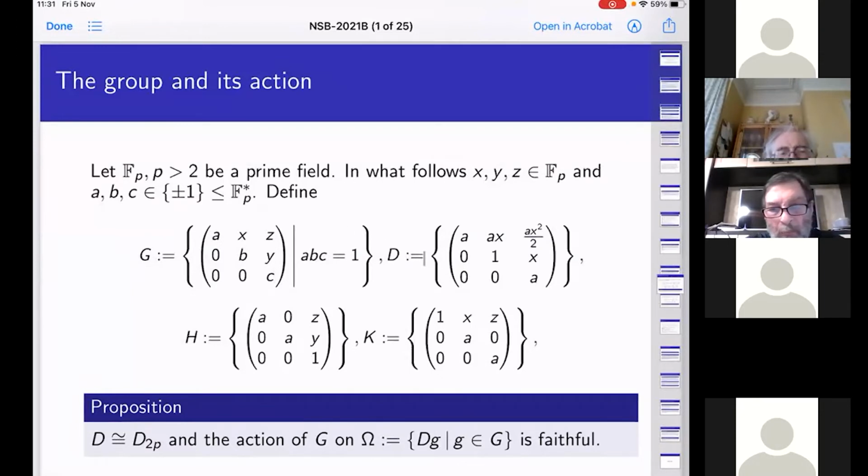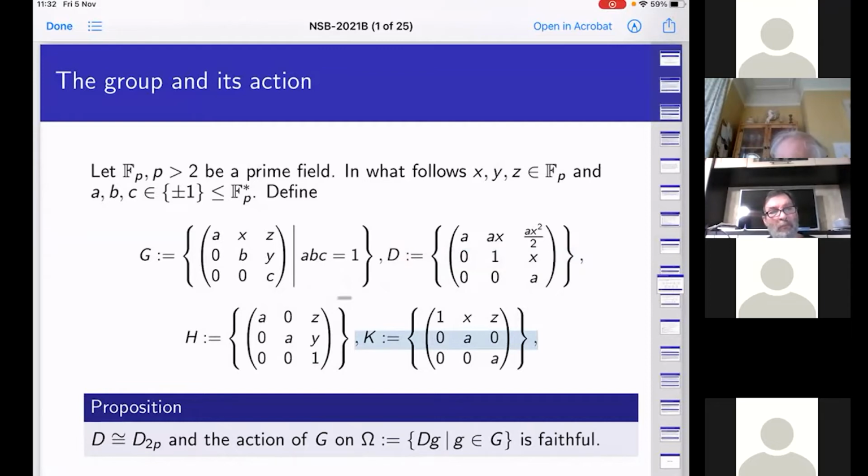Now inside, you take a subgroup, which we denote as D. It has order 2p, and it's isomorphic to the dihedral group of order 2p. And then we take two additional subgroups, H and K. You can easily see that H and K are isomorphic, and these two subgroups are isomorphic to the generalized dihedral group over Z_p squared.